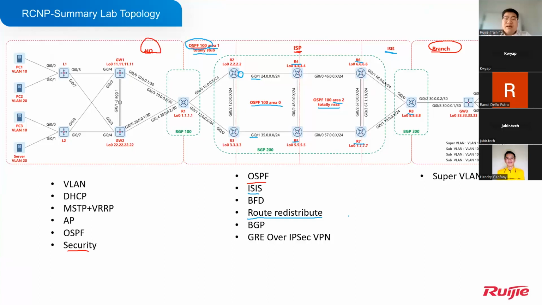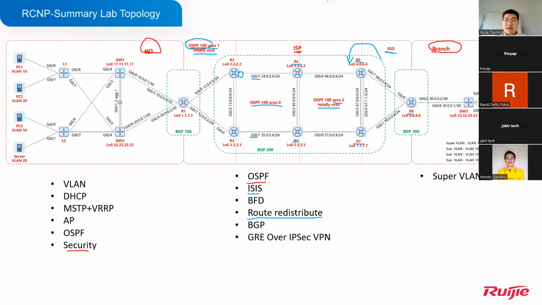For example, if we import the ISIS routes into OSPF on R6, then when you check the OSPF routing table on R6, pay attention, it's the OSPF routing table, you can find the ISIS routes. They become new OSPF routes, but generated by ISIS.